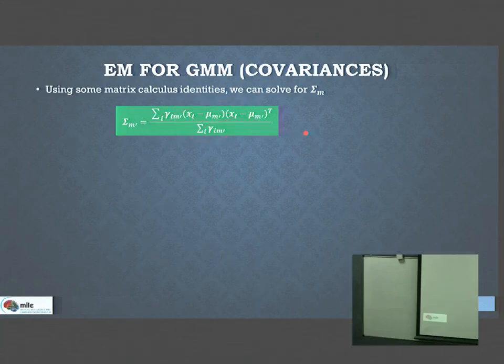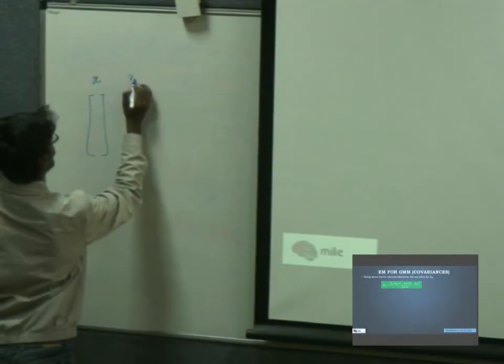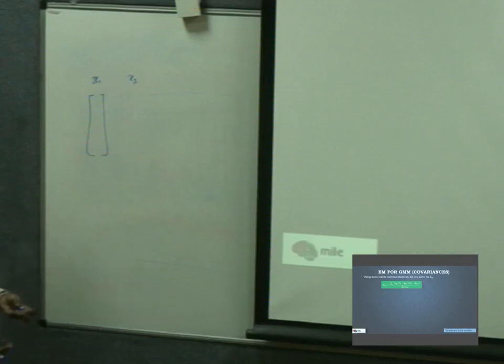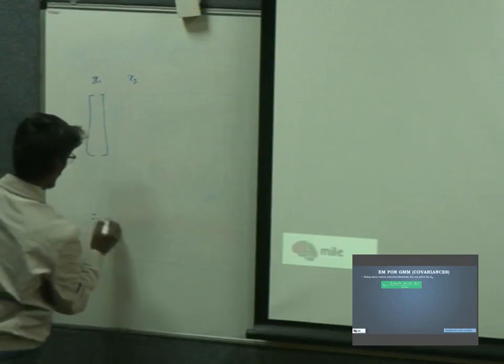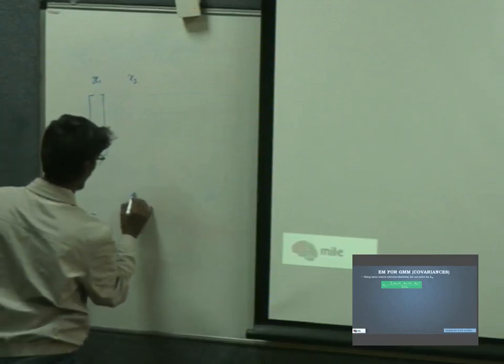Before going to the derivation, you can assume x1 and whatever posteriors you have, and x2 and whatever posteriors you have, and this is a covariance matrix. So how do you calculate a covariance matrix?